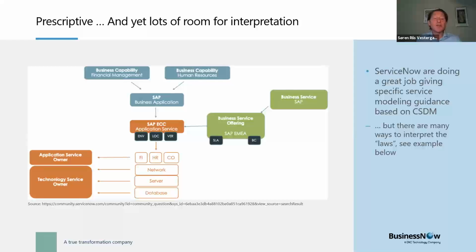And underneath all this, there are the application service owners and the technology owners of the network, the server, the database, etc. This is just to give you one example of how this could be used in a specific organization.